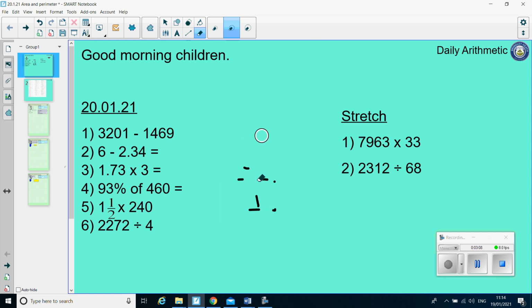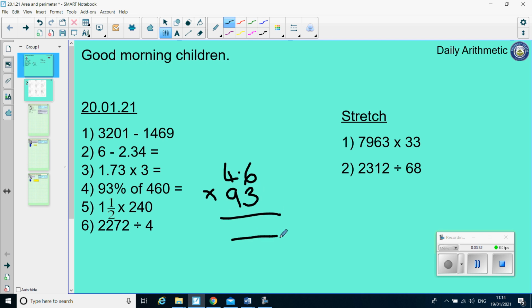Okay. Question 4, we're finding a percentage of an amount. First job is to find 1%. What is 1% of 460? It's 4.6, and then I'm doing 4.6 times by 93, which I would set out just like I did in question 3, and this time it's a long multiplication.